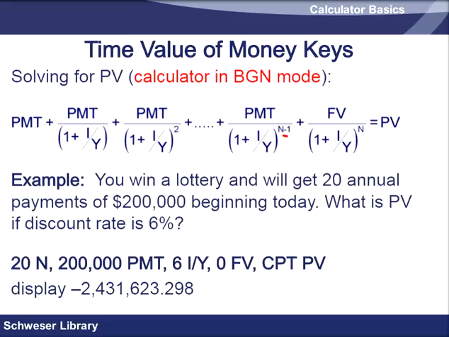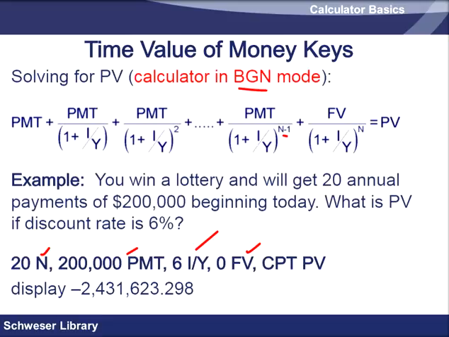But in this case, put your calculator in begin mode, put in 20 periods, a $200,000 annual payment, a 6% discount rate, and a 0 future value, right? After you get that last payment, say you got 20 payments for your lottery winnings, there's no maturity value.